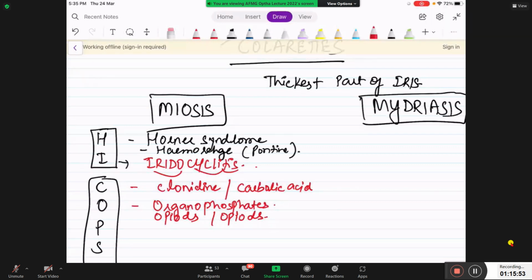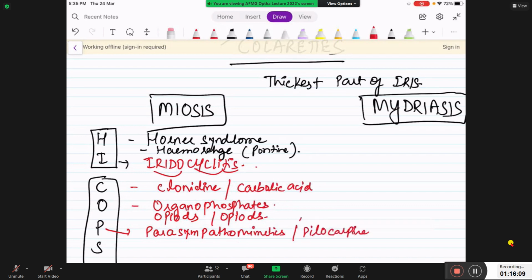O stands for opioids, organophosphates. P stands for parasympathomimetics, parasympathomimetic drugs. Another P stands for pilocarpine.